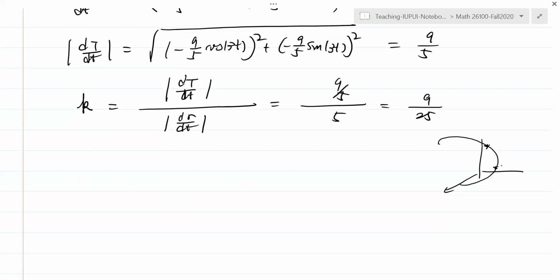Actually, in geometry, there's another quantity associated with this curve called torsion. I'm not going to talk about torsion. It tells you that the curve is also lifting right now. Not only does it rotate along the z-axis, it's also going up. So you have to find a way to describe that.